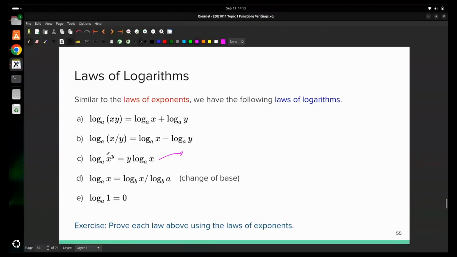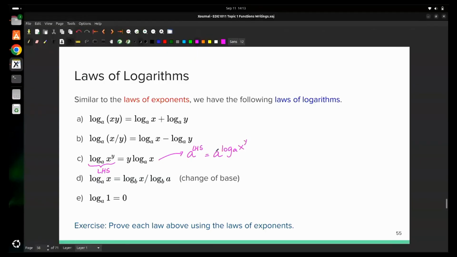Now this is the left-hand side. If I want to invert this, I will just take A raised to the left-hand side. This base A is raised to the whole thing, because this whole thing is the left-hand side. So it's A raised to the log base A of x to the power of y.